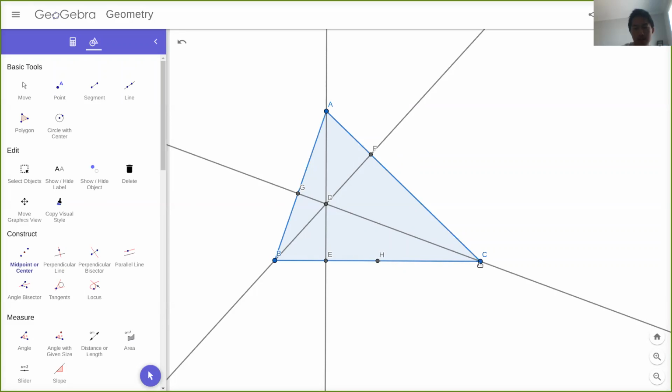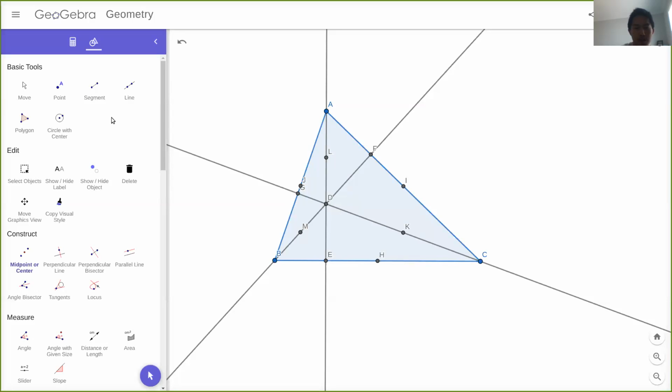The midpoint of BC is H, midpoint of CA is I, midpoint of AB is J. And then midpoint of DC is K, midpoint of DA is L, and midpoint of DB is M.